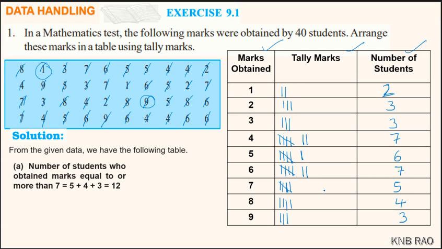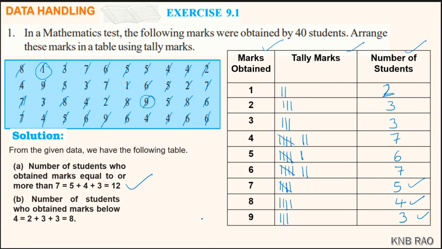See, equal to 7, 5 have got; more than 7, that is 8 marks or 9 marks, 4 and 3 have got; put together, 12 have got. That is the number of students who scored equal to or more than 7. Then the next question is the number of students who obtained marks below 4.